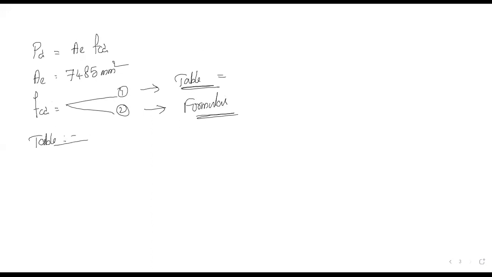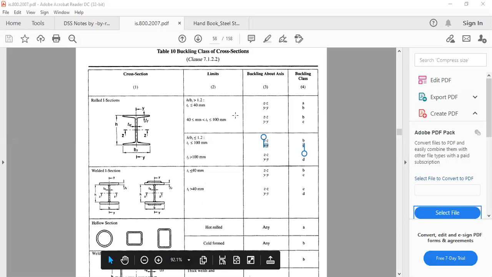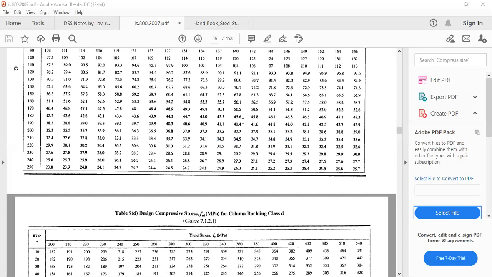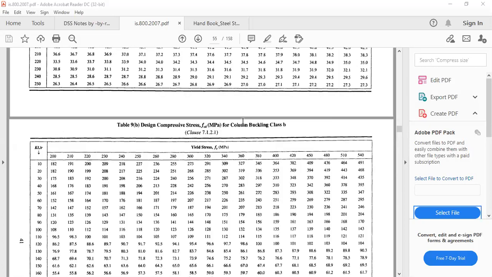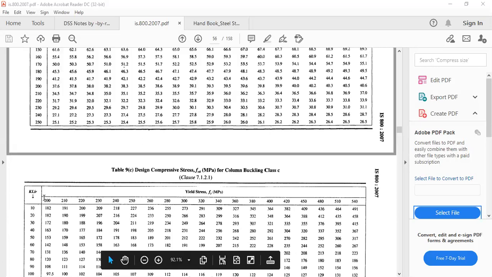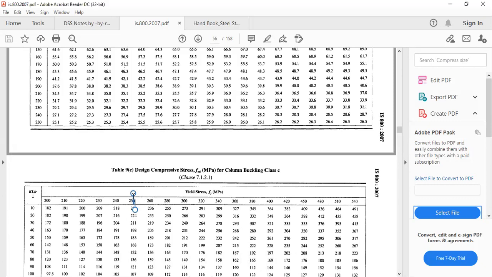I will share the code book right now. So here is the code book. Buckling class comes under C, correct? With respect to yield stress, we always know that Fy is equal to 250 Newton per mm squared. That we are going to write here.